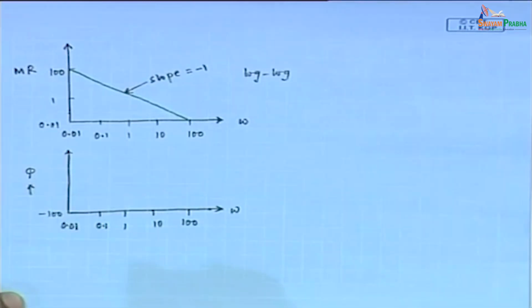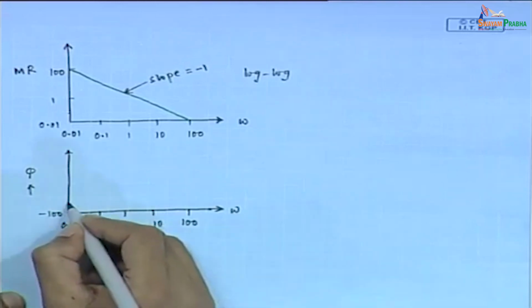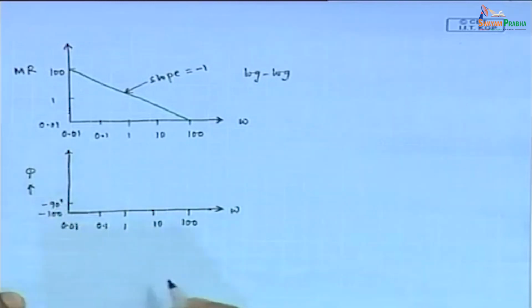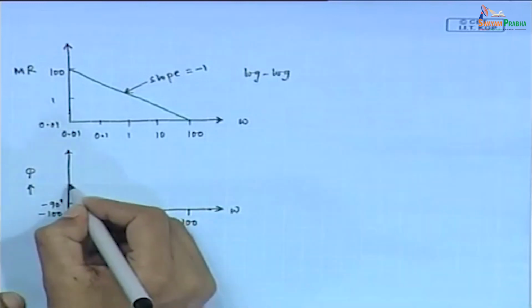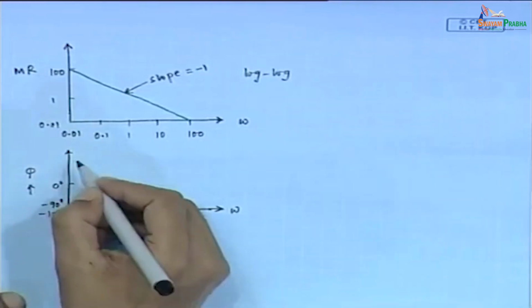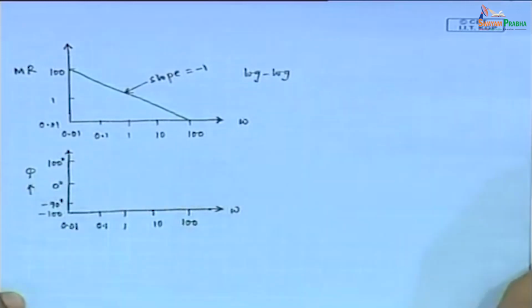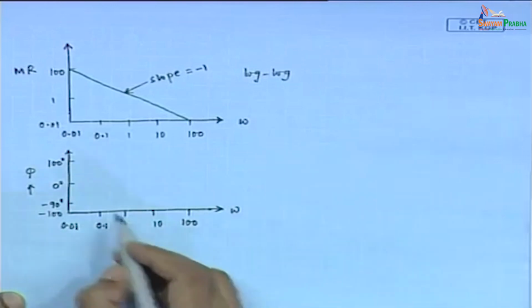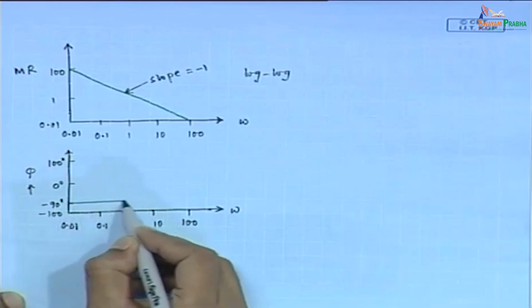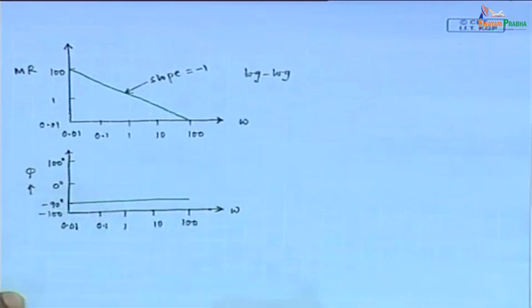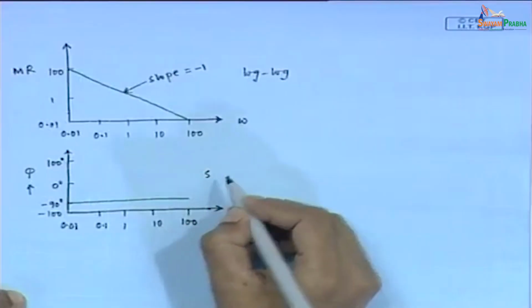Starting value is -100 degree, another value we are taking, that is -90, 0 degree, then suppose this is 100 degree. Since phi is independent of omega and that is always -90 degree, so we get this horizontal line for phi, and this plot is produced in semi-log graph paper.